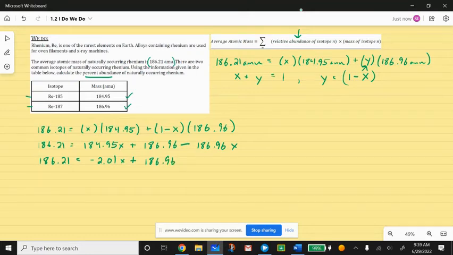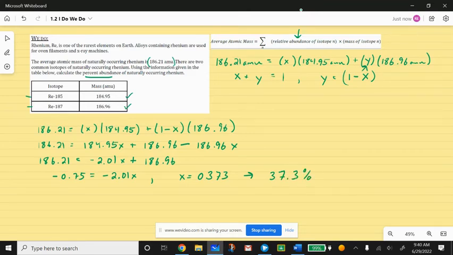Then I'm going to subtract 186.96 from each side, and that's going to give us negative 0.75 equals negative 2.01x. Solving for x, x equals 0.373.